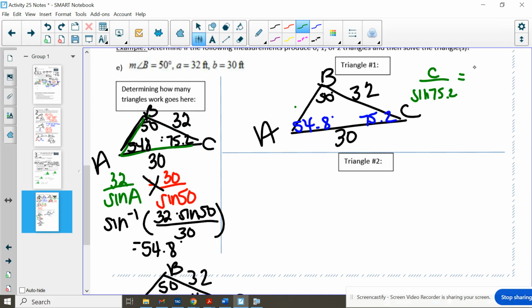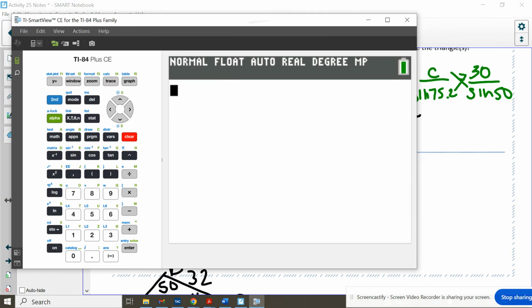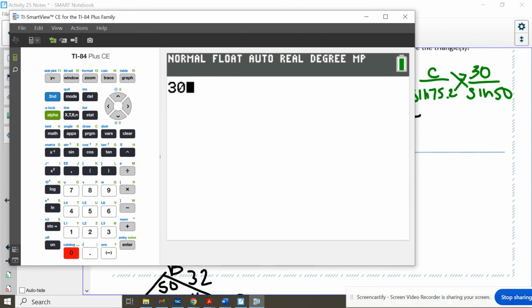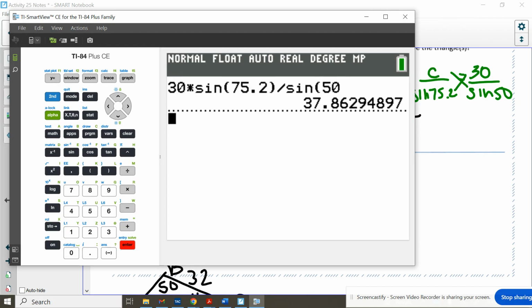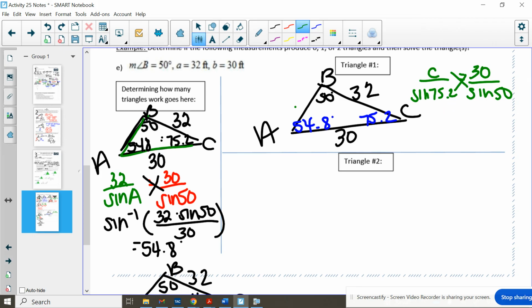And again, I'm going to choose to use the given side of 30 over its sine of 50, cross multiply and solve. This time we are looking for a side, so no inverse required. 30 times the sine of 75.2, close that parentheses and then divide over the sine of 50. We end up with 37.9 as our missing side here.